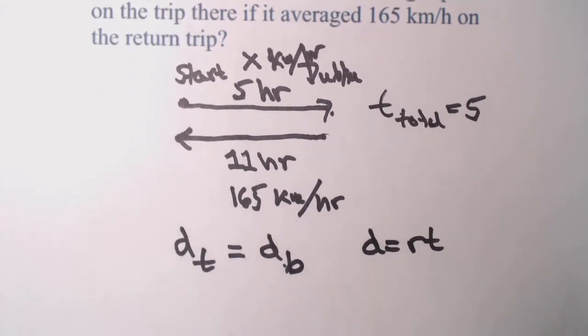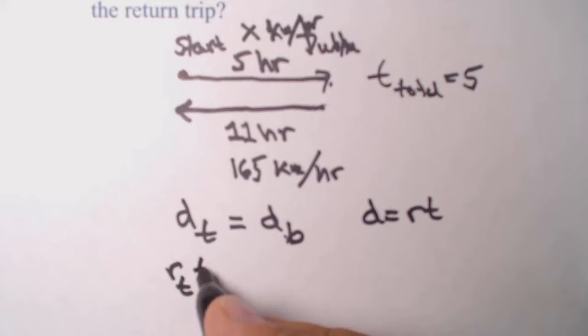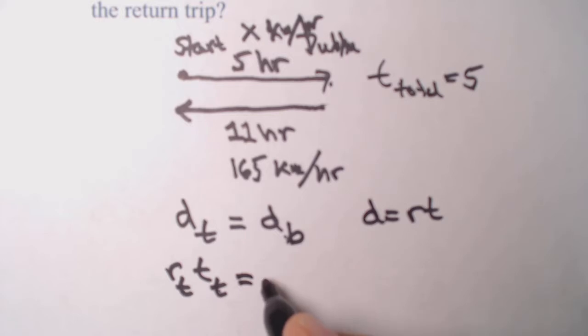So let's make the substitutions here. D equals RT, but I'm going to put the T's underneath. These T's represent time. And coming back, D equals RT again. R coming back, time coming back.